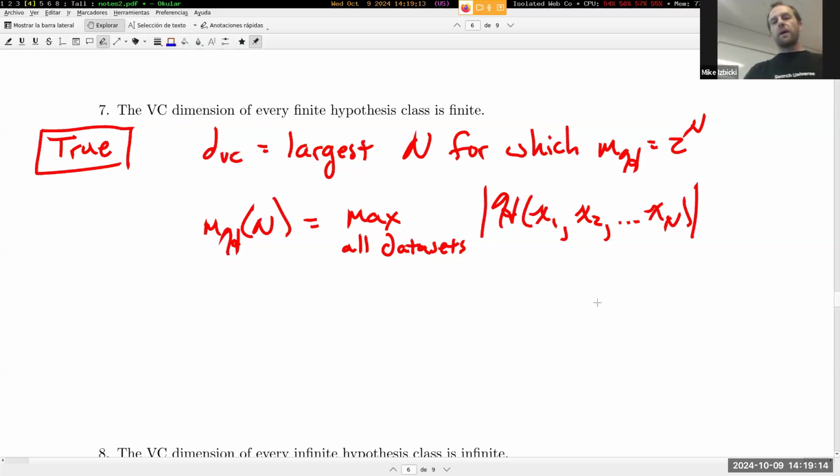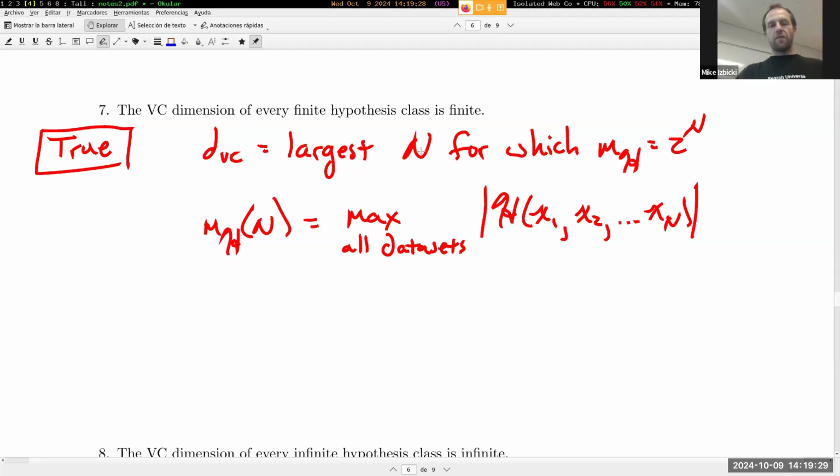And so if we can bound the size of the dichotomies by some finite value, then that will also bound our VC dimension by a finite value, meaning that the VC dimension itself will be finite.